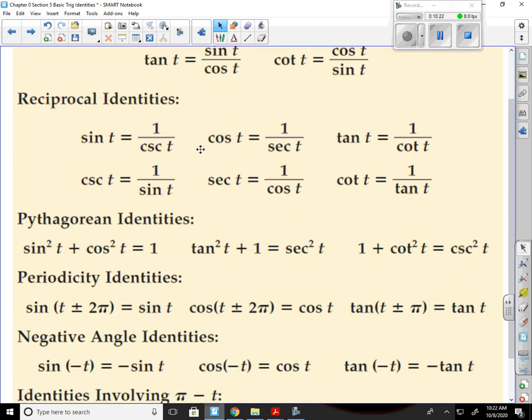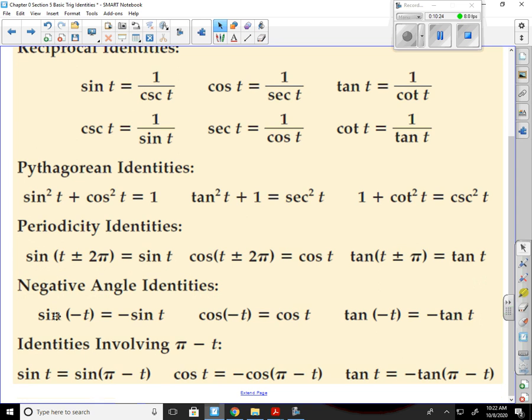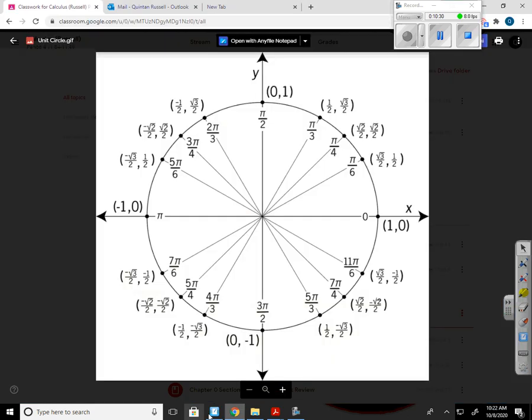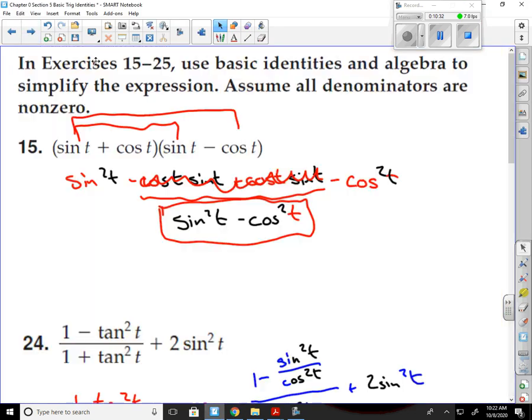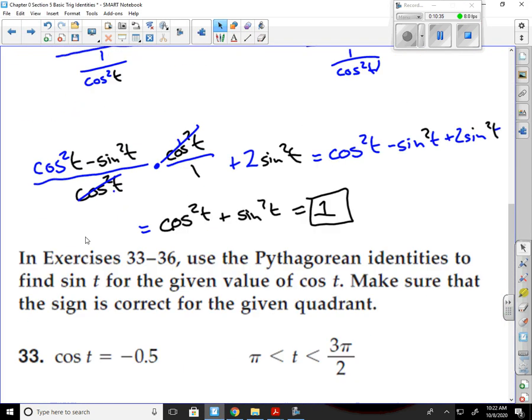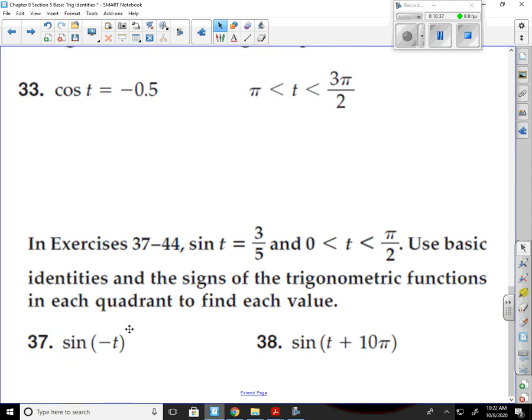The sine of negative angles means I take the negative sine of t. It tells us that the sine of t is 3/5, so my answer would be negative 3/5. This is the negative sine of t, so this would change to a negative.